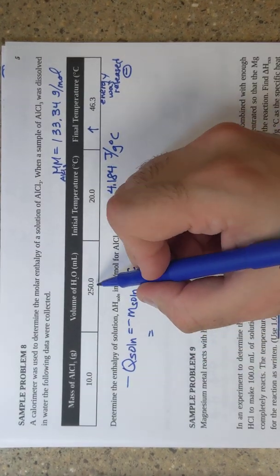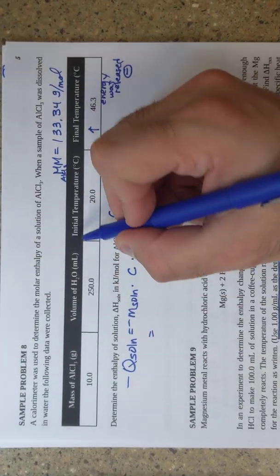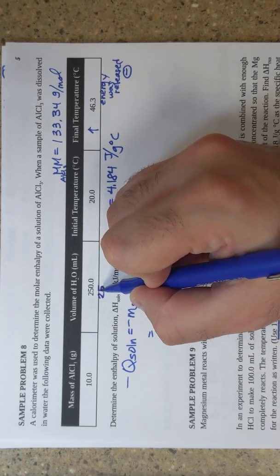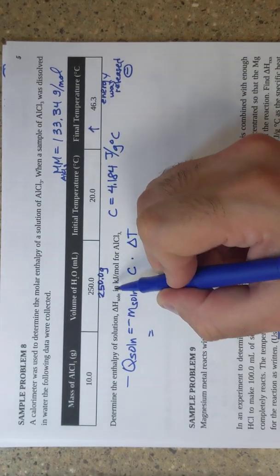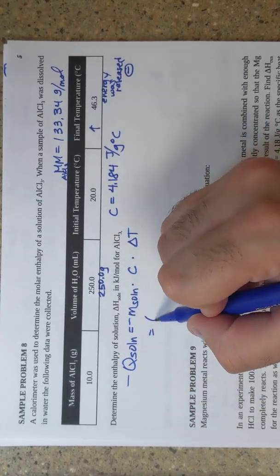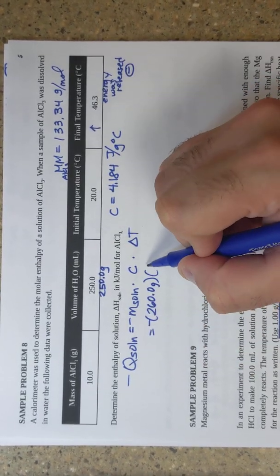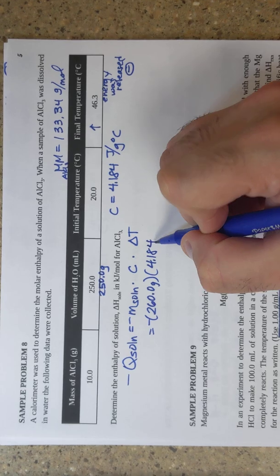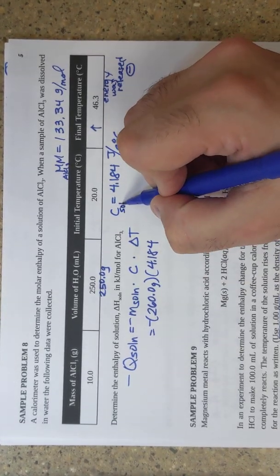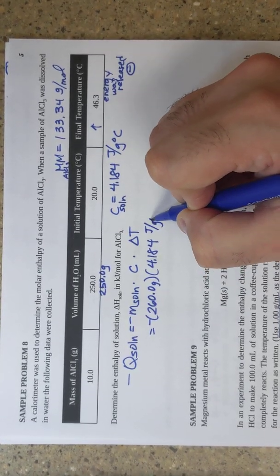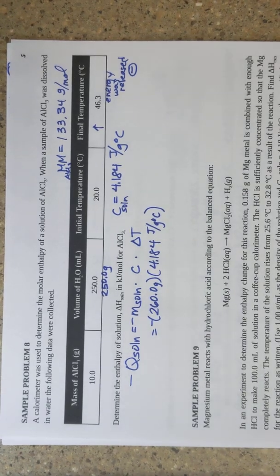So for the mass of my solution, water has a density of 1 gram per milliliter, so this is basically 250 grams. My mass of my solution is going to be 260 grams. Specific heat capacity, we'll just say the specific heat capacity of the solution is 4.184 joules per gram degree Celsius. You'll be given that information.